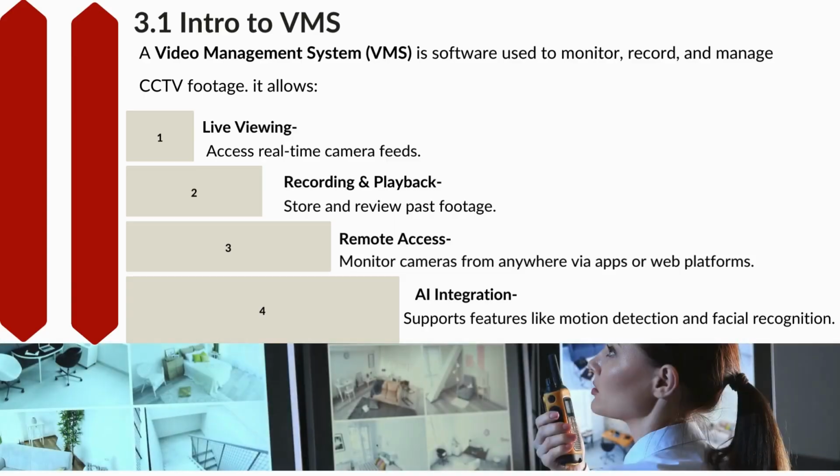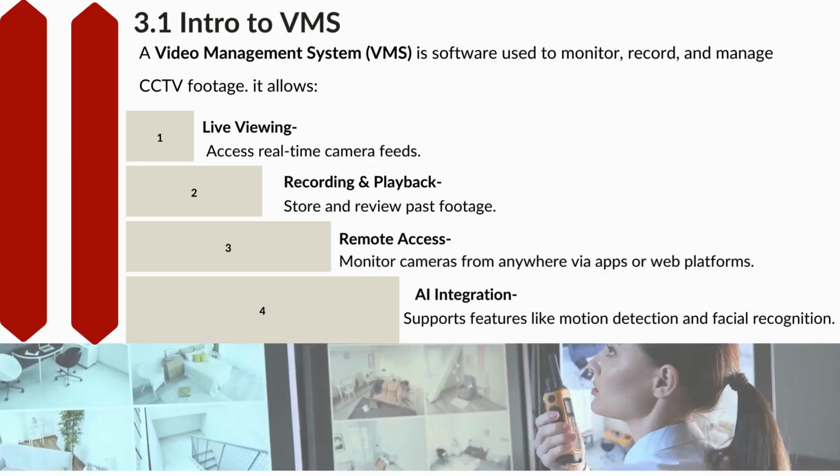They have AI integration. They support features like motion detection and facial recognition and a lot more. We cannot mention all of them here. All the features that we have on those our cameras, line crossing detection, people counting, you can analyze them, you can set them on your VMS software. You can explore them more on your VMS software.